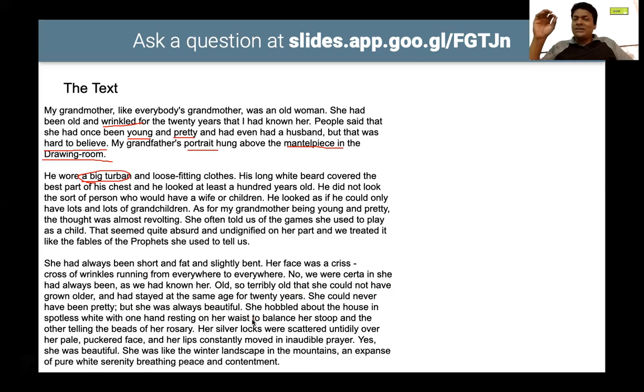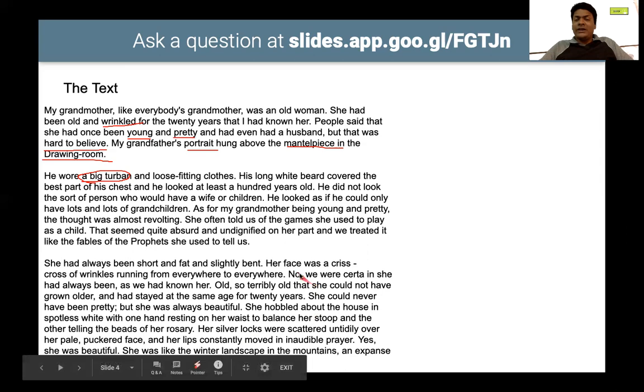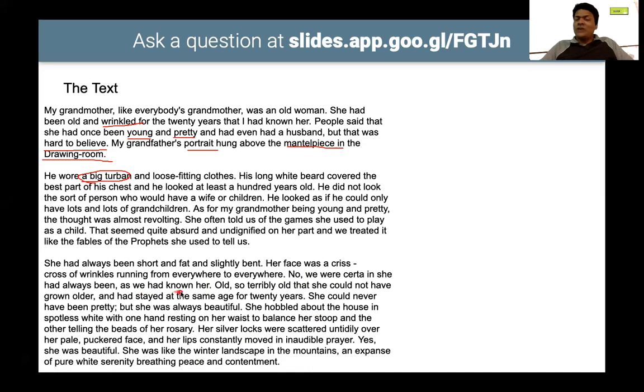That's what made the writer sure that his grandmother must not have been young and also pretty, because the kind of appearance the author had been seeing in his grandmother was exactly like the last 20 years. That is why the author stated, no, we were certain she had always been, as we had known her, old, terribly old, that she could not have grown older.